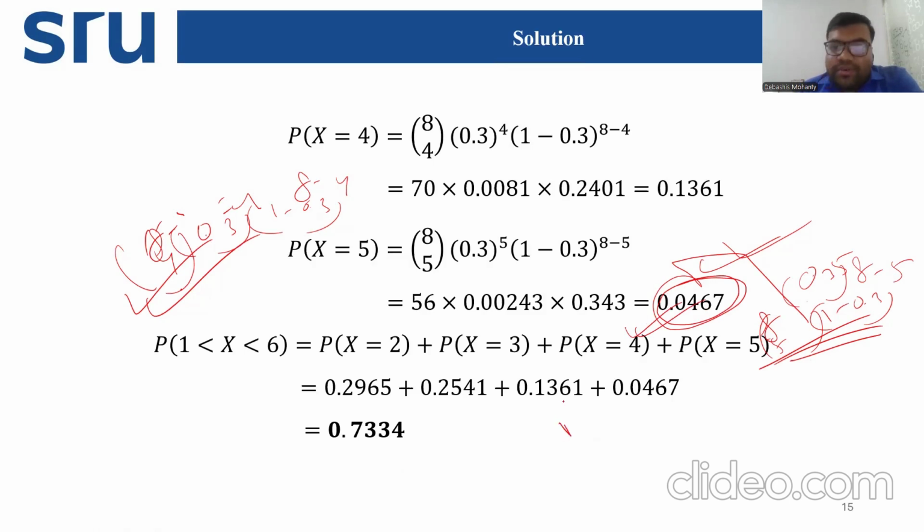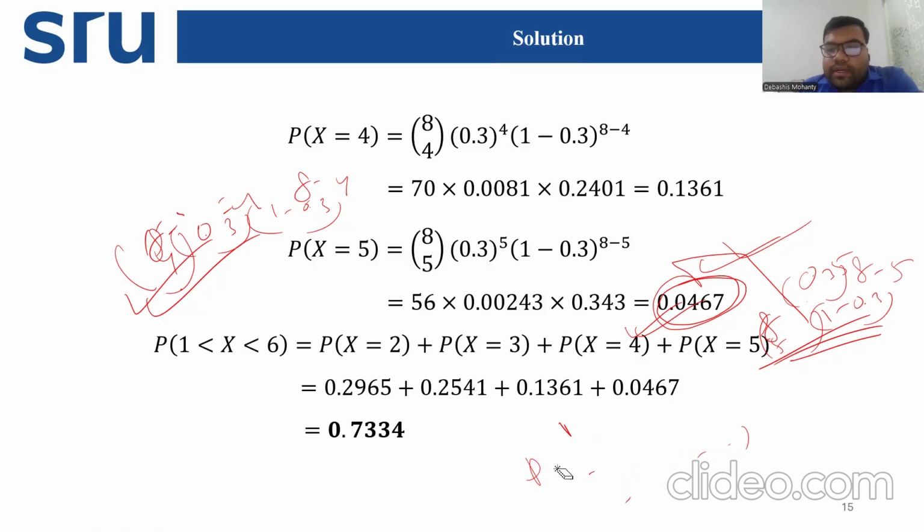Probability of x equals 4 is 0.1361, which we already found. After that, probability of x equals 5 is 0.0467. Now we will use these values.